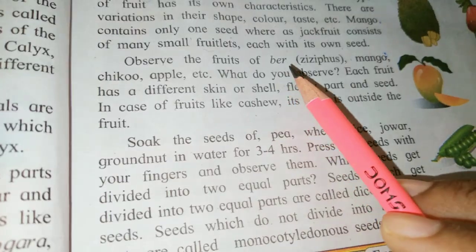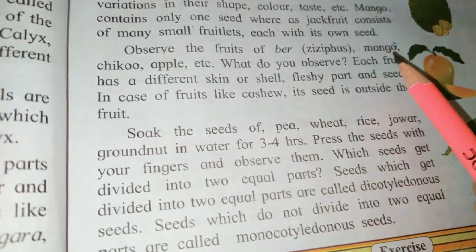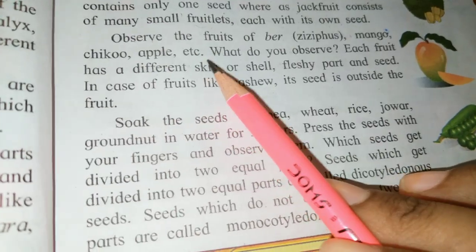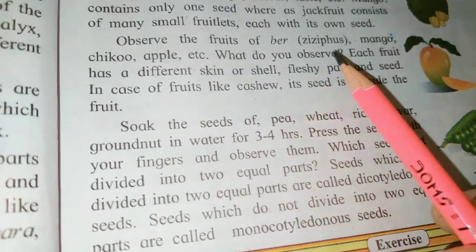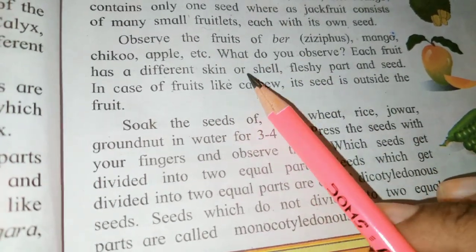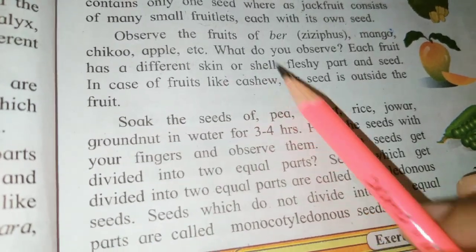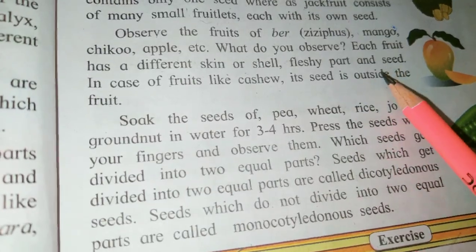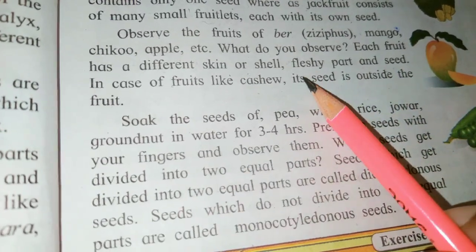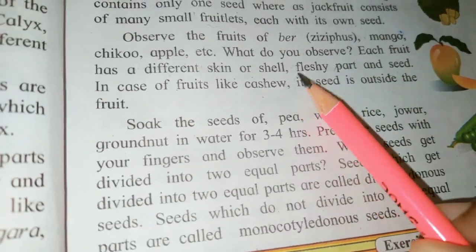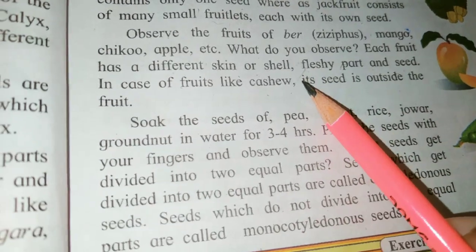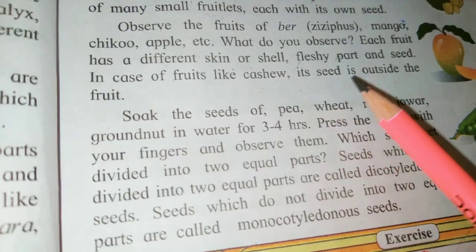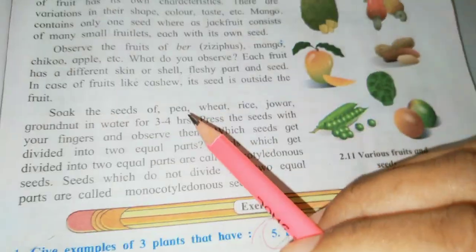Observe the fruits of ber, jamun, mango, chiku, apple, etc. What do you observe? Each fruit has a different skin or shell, fleshy part and seed. Own seed is different, the fleshy parts are different, and the skin or shell is also different. In the case of fruits like cashew, the seed is outside the fruit.